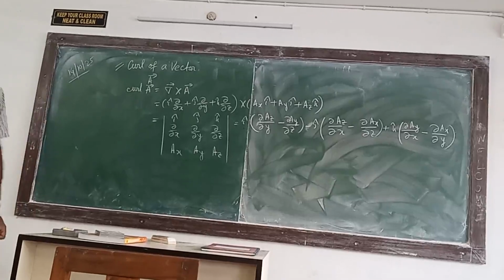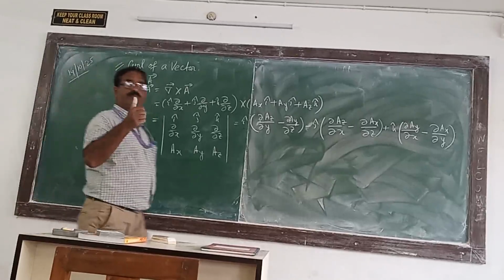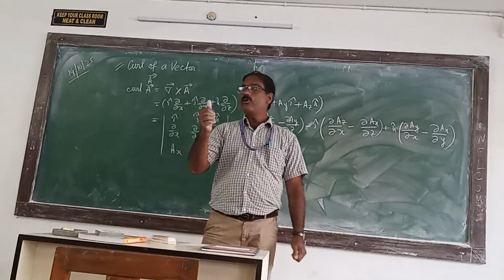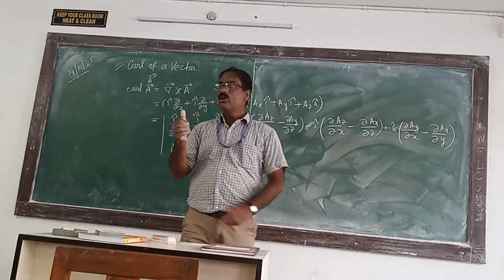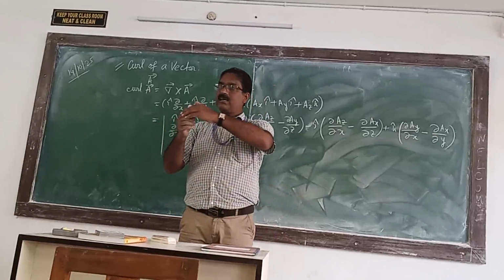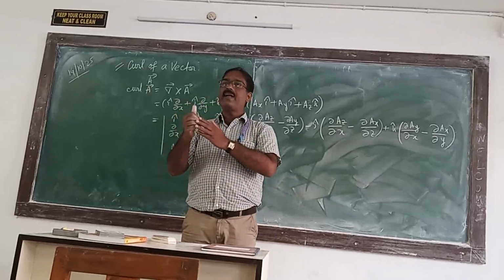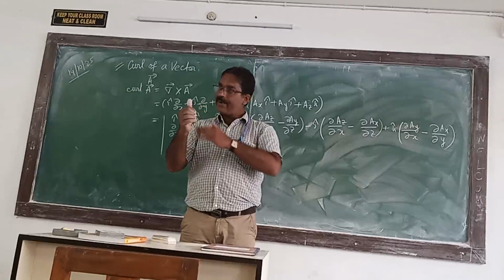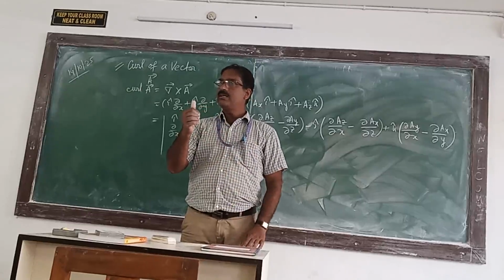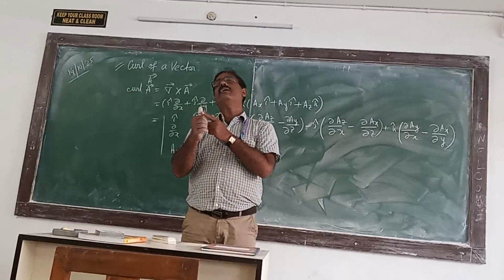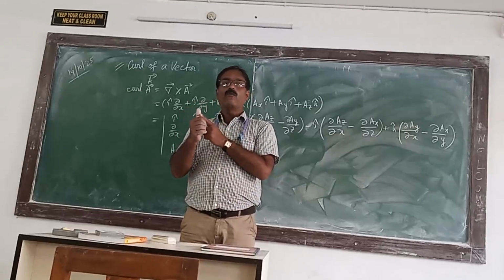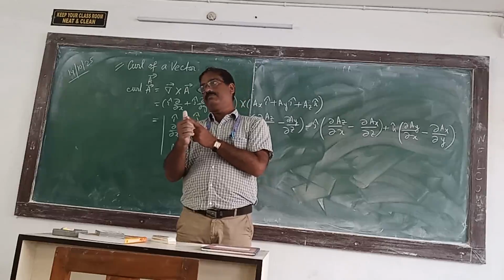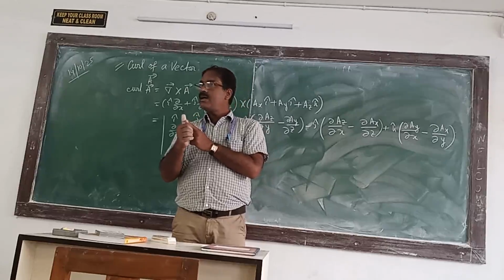According to the right hand thumb rule. If all the fingers of the right hand denote the direction of the vector A, then the thumb of the right hand is the direction of the curl of that vector.